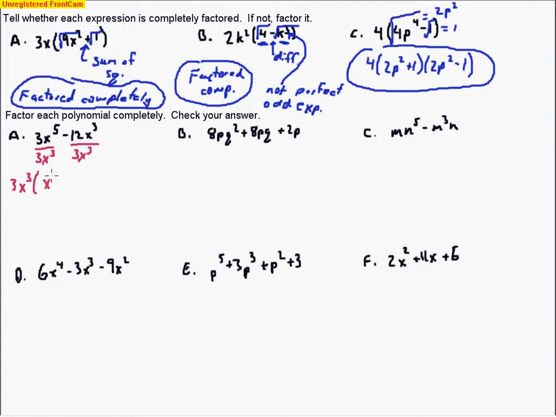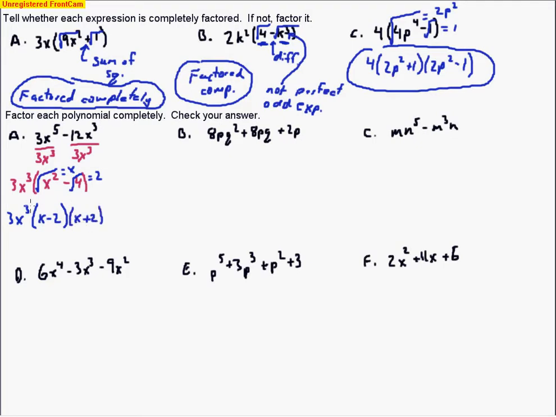So once we factor out that common factor, see what's left over. You've got an x squared minus 4. Well, don't think you're done yet, because whenever you have a binomial, you could end up with a difference of squares, and that's what we have here. See, x squared is a perfect square, 4 is a perfect square, makes 2, and we have the minus sign. So this is going to factor further. It's going to factor to 3x to the third, and an x minus 2, and an x plus 2.